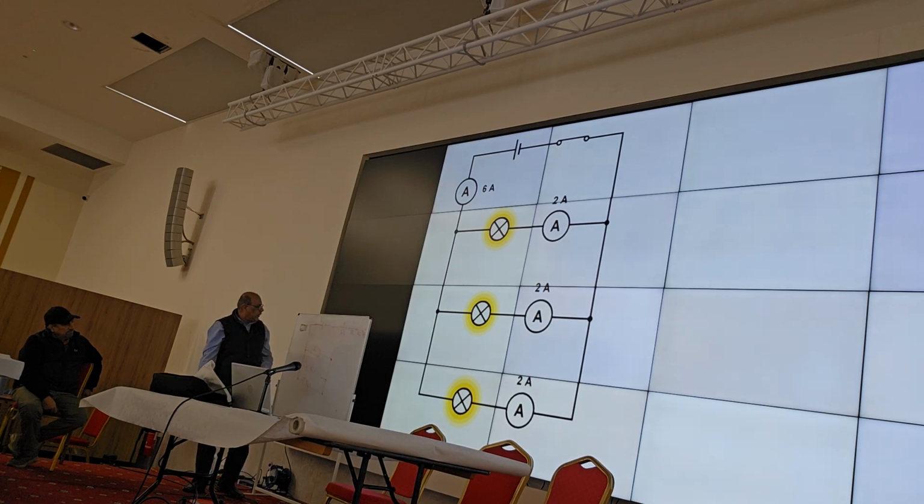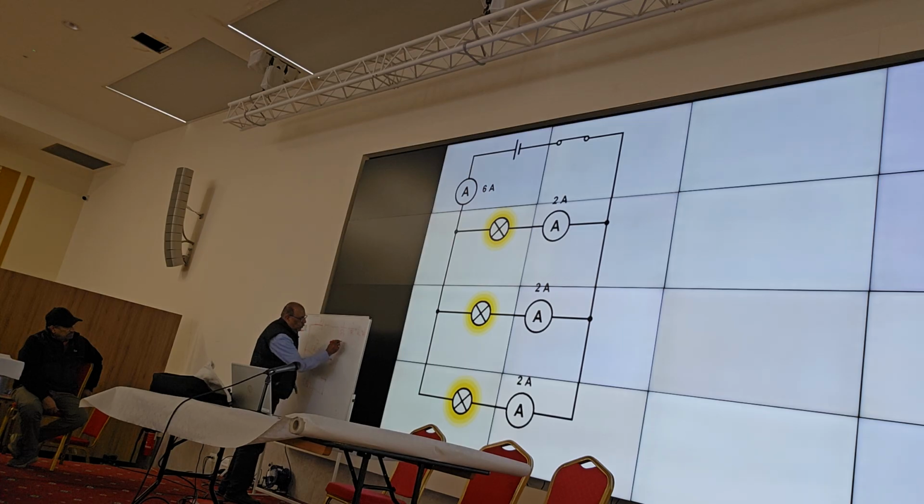For example, if this is 2 ohms, this is 4 ohms, this is 8 ohms, the question is to calculate the total resistance. So I'm going to do 1 over 2 plus 1 over 4 plus 1 over 8.